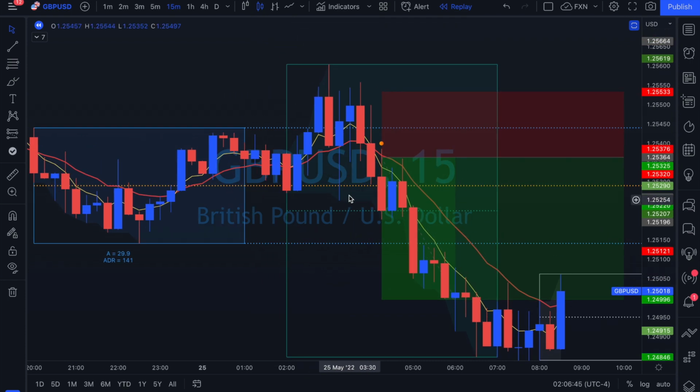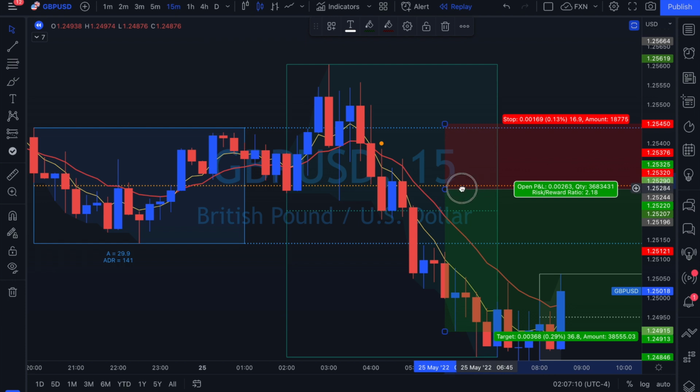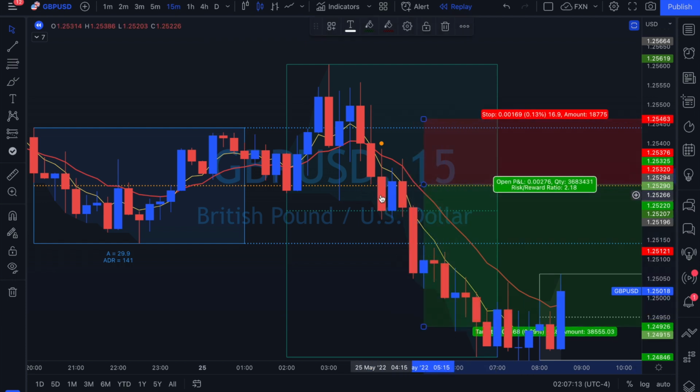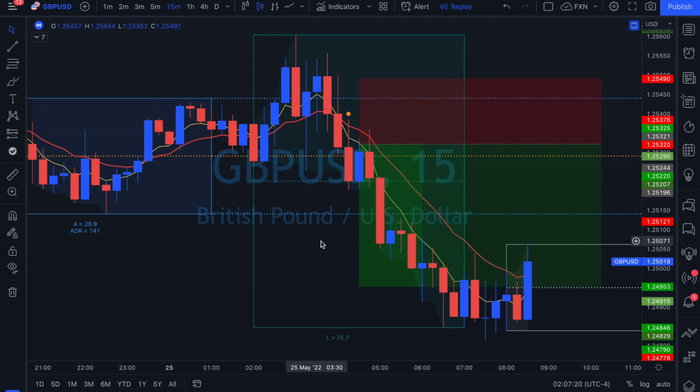The 13 EMA by itself, again, would be a close used as an entry signal, once price action closes below the 13 EMA. And then if you're a more conservative trader, you'd have a 5 and 13 crossover here, and then you'd get into the trade on the next candle. So in this case here, this candle would be the crossover candle, and then the pullback would be where you get into the trade, and it'd be something like this.